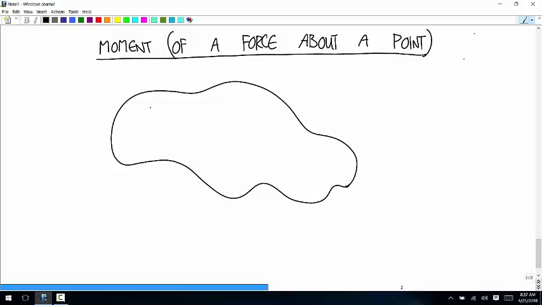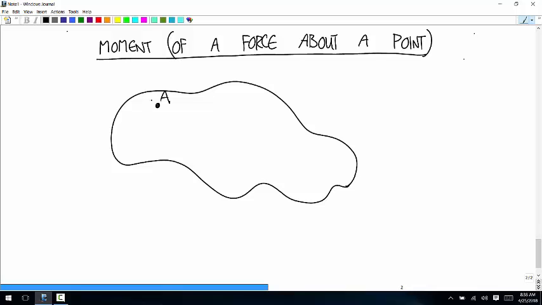Okay, so let's say that we have, so here's our point A. That's the point that we're calculating the moment about. In order to use this rotational version of Newton's second law, what are the candidates for this point A?